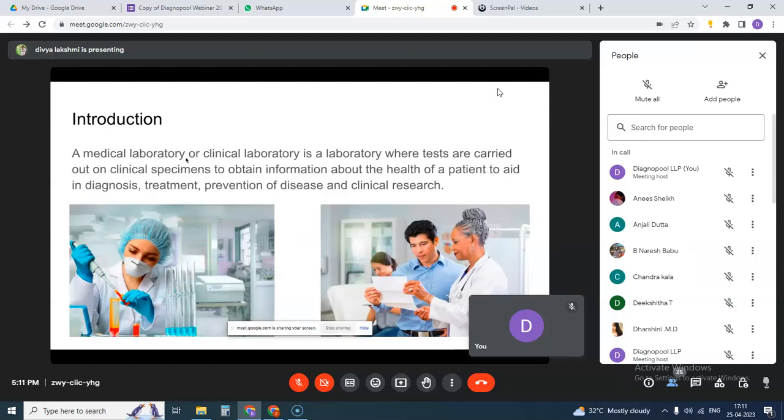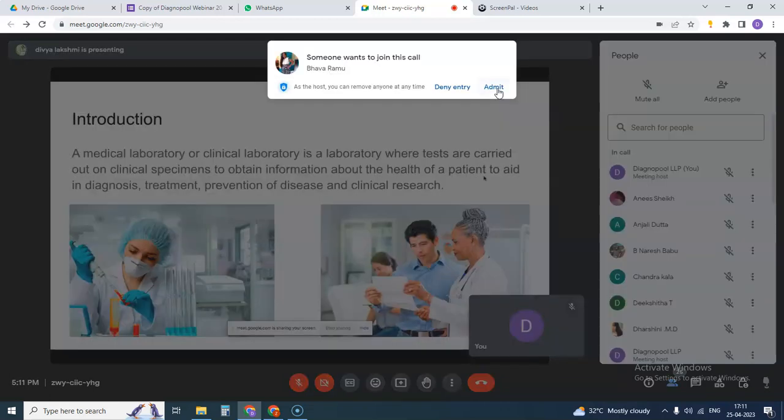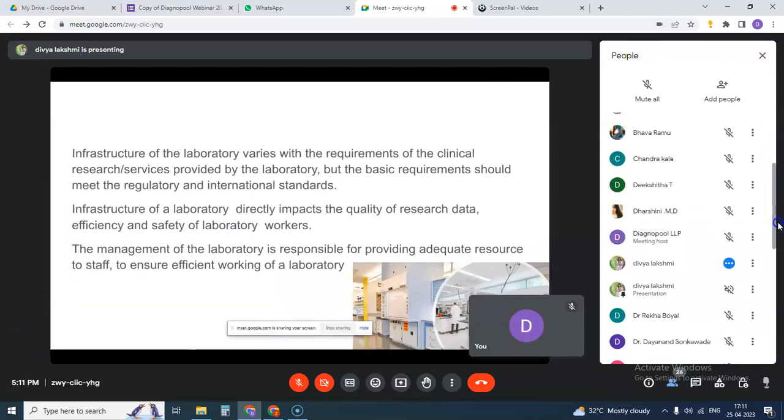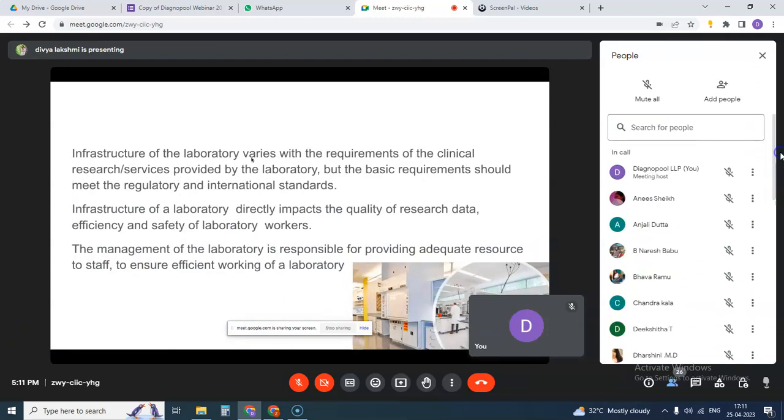So all kinds of medical laboratories are mainly involved in carrying out tests on the clinical specimen to obtain information on the patient that will help in the diagnosis, treatment, prevention of the disease, and clinical research. So the infrastructure of the laboratory varies with the requirements of the clinical research or the services provided by the lab.